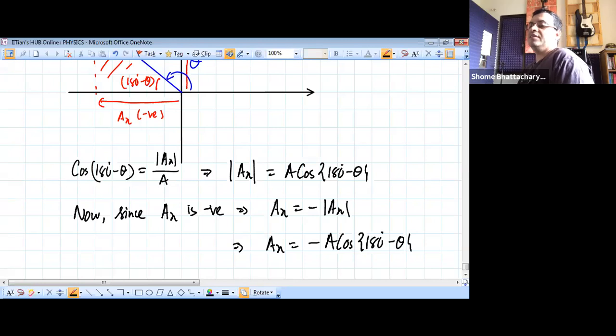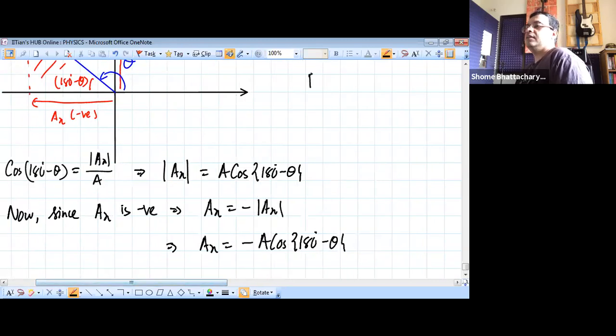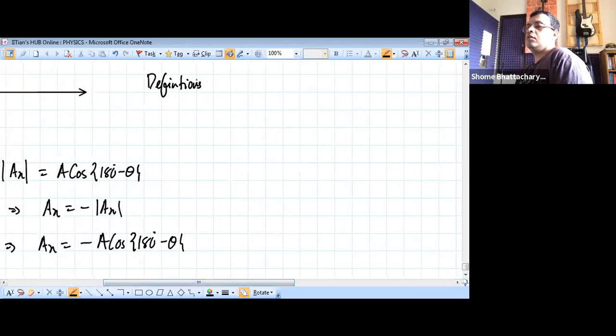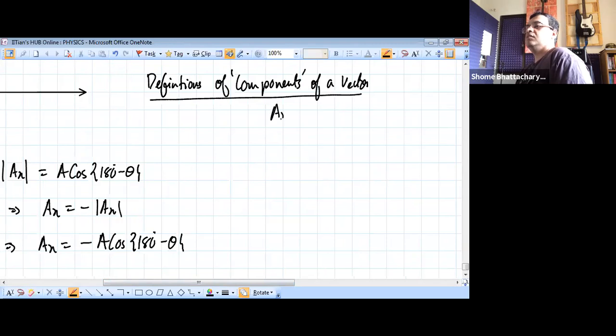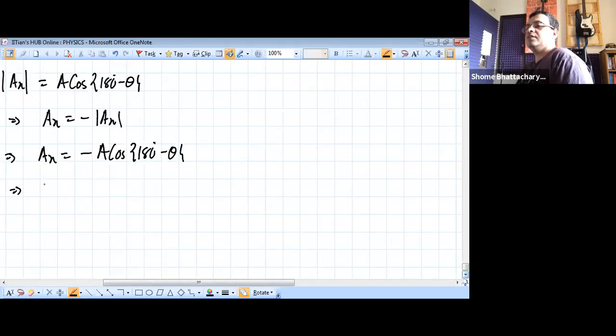Okay. Now what is the definition of the x component of a vector? The definition of x and y components is that the x component is magnitude times cos theta, and the y component is magnitude times sine theta. So substitute that over here. So Ex should be equal to how much? E cos theta, and that is how much?